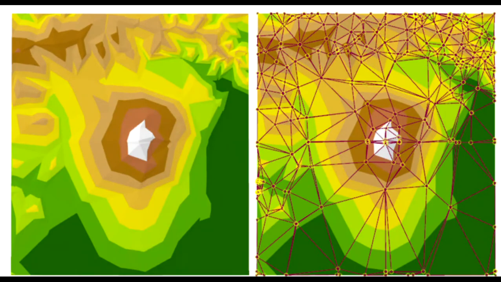Now let's discuss a component of TINs known as nodes. You can see these here on the map on the right. Those hollow yellow circles are the nodes. Think of them as individual points that are the building blocks for the rest of the features that create the TIN. These points have an X and a Y, but of course also a Z. These nodes are the corners of the triangles.